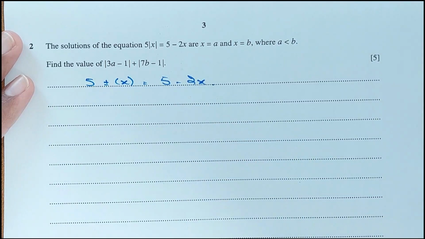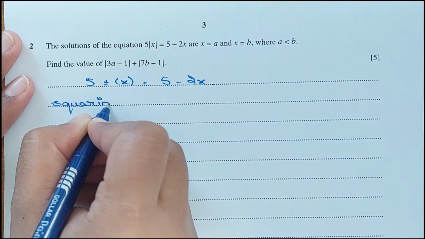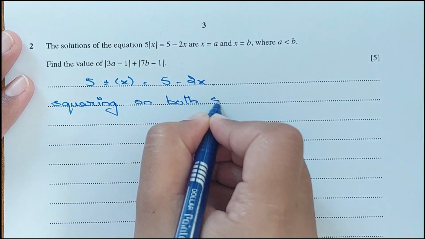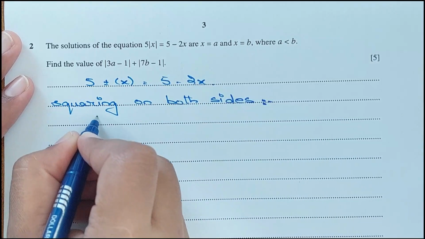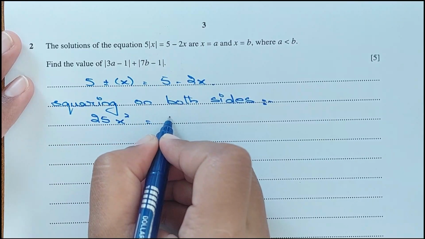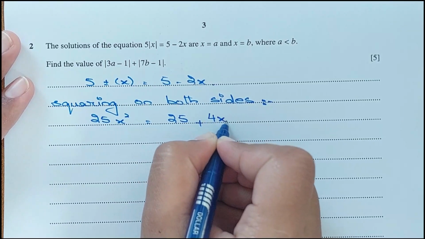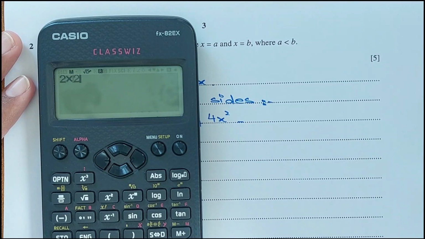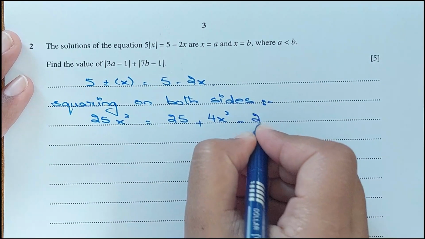Let me do squaring on both sides in order to get rid of this plus or minus. So 5 squared is 25, plus x squared. On the other side, 5 squared is 25, plus 2 squared is 4x squared, minus 2ab, so 2 times 2 times 5 which is 20, so minus 20x.